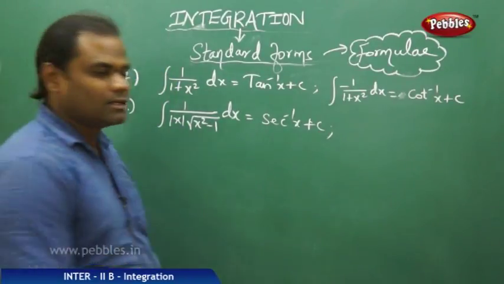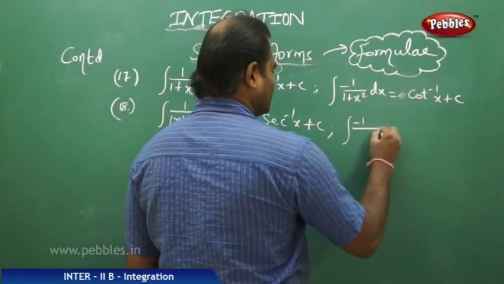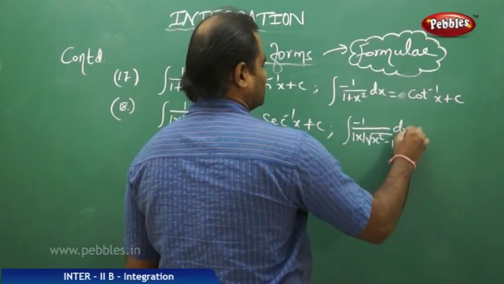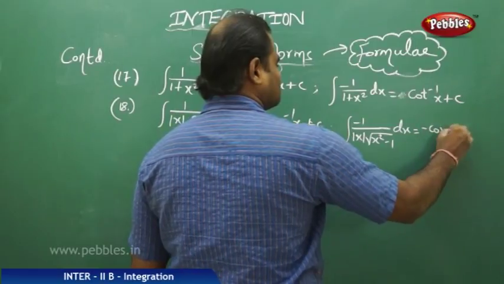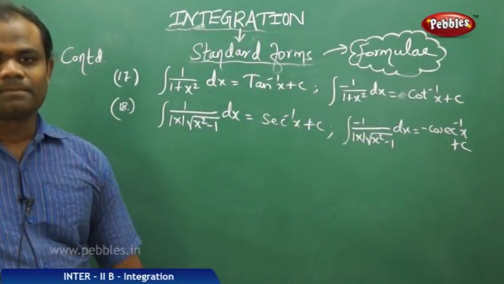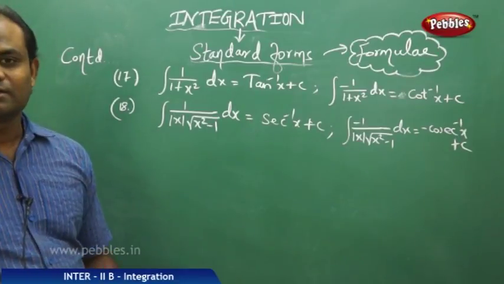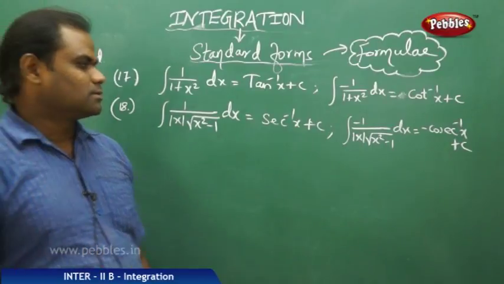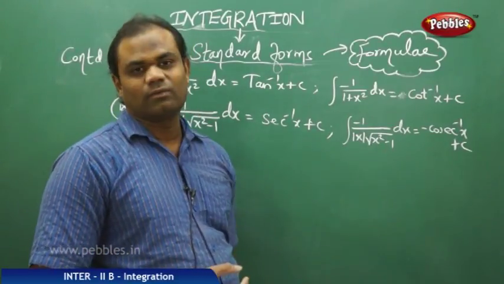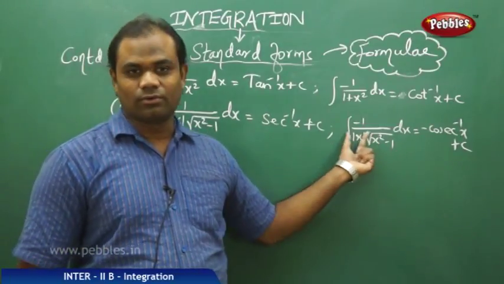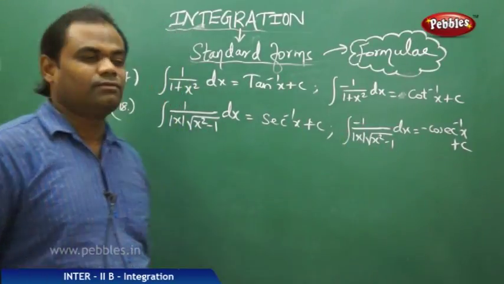And similarly, integral of minus 1 by mod x root x squared minus 1 is minus cosecant inverse plus c, assuming x is greater than 0. So this is how we get the values, assuming the domain to be restricted based on root and mod. Is how we get the formula.